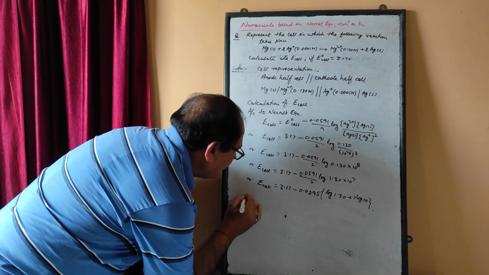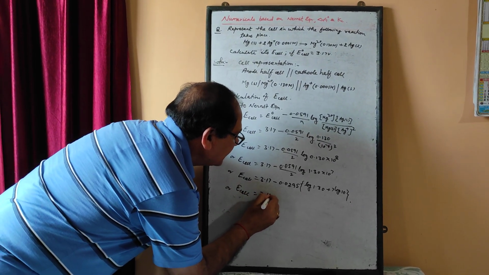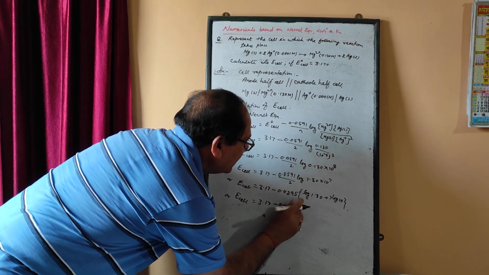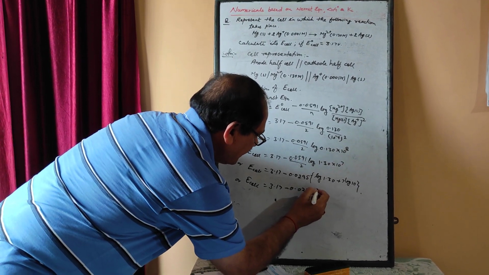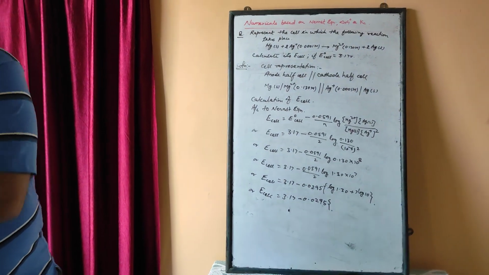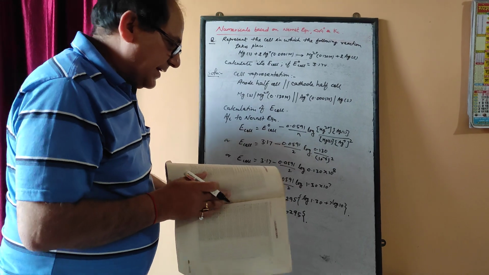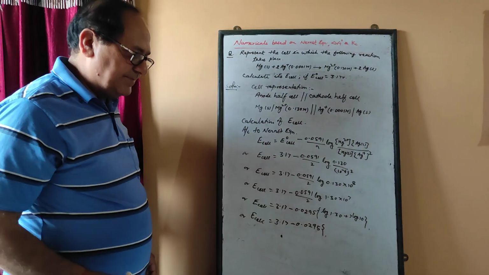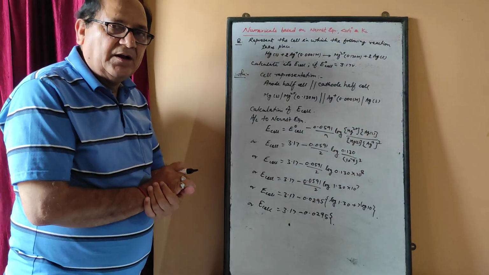So E cell is equal to 3.17 minus 0.0295 log 1.30. Now see the log table. In class 11 you have already read about the log table and how to find the log. Check the number of digits before the decimal.